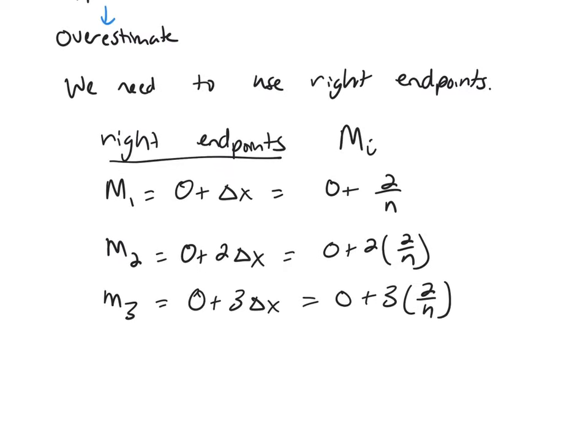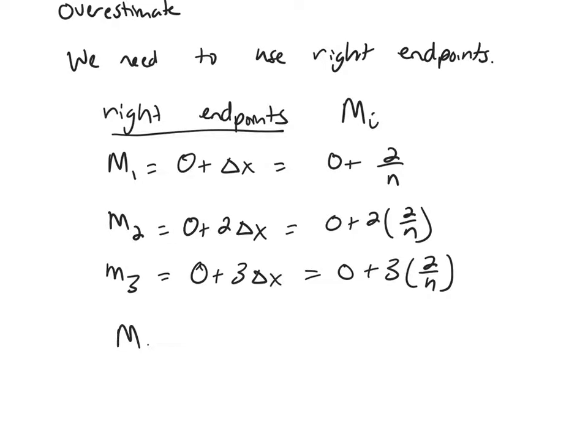And if you look for the pattern here, I'm trying to write a formula for capital M_i. Notice that this coefficient here matches what's there, and this 2 matches this one here. There's a coefficient of 1 here that matches a coefficient of 1 there. So M_i would be 0 plus i times 2 over n, which is really just 2i over n.